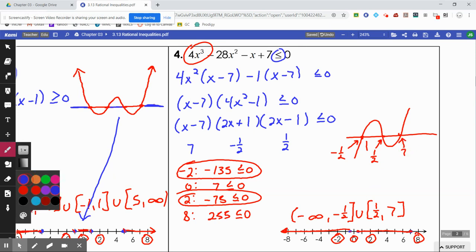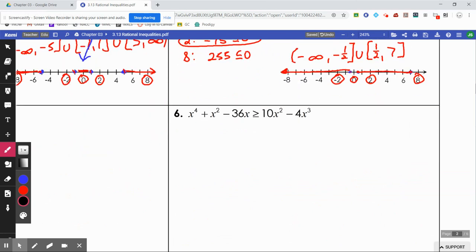So if this is your x-axis, where is your graph below the x-axis? And that would be over here. Let's do it in a different color. That'd be over here, and it's below the x-axis from here to here, which is the exact same solutions that we found from -infinity up to -1/2, and from 1/2 over to 7. Number 5.